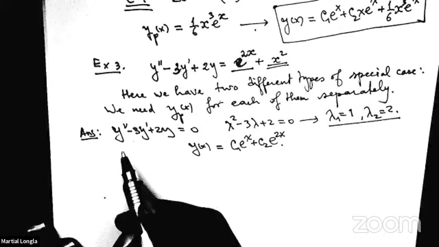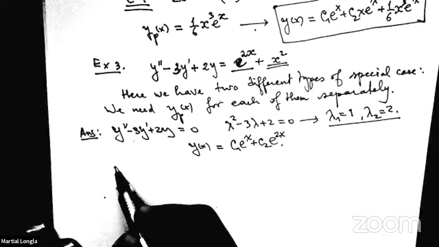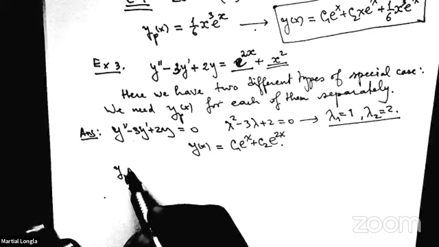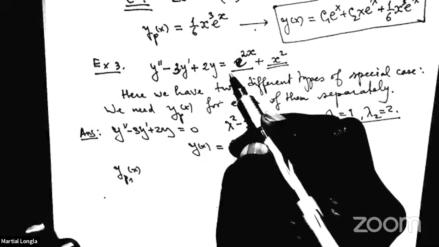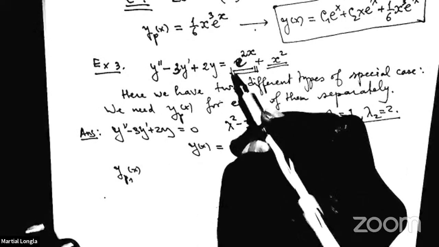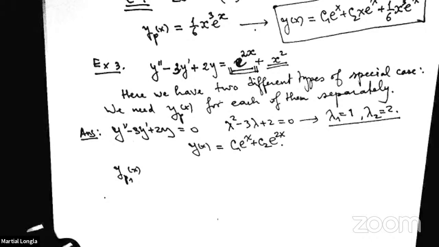And then when you want to get yp1 of x, for the case of e to the 2x, alpha for that case is 2.